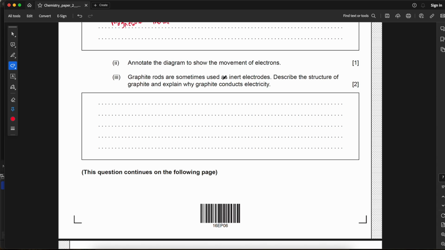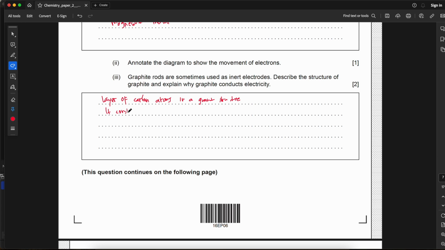Graphite rods are sometimes used as inert electrodes. Describe the structure of graphite and explain why graphite conducts electricity. Graphite contains layers of carbon atoms in a giant structure.